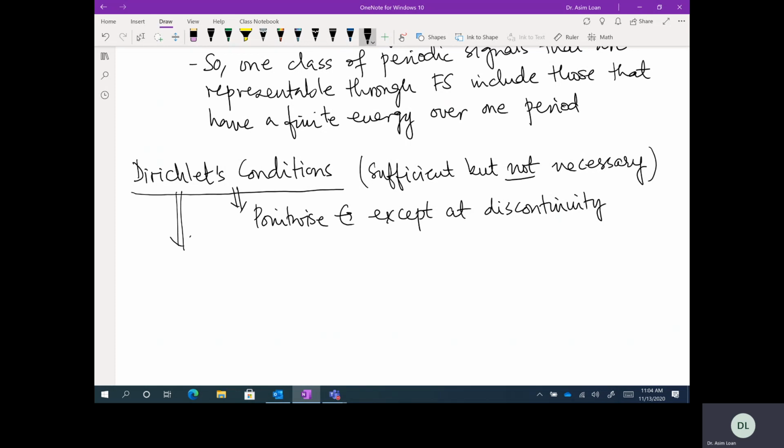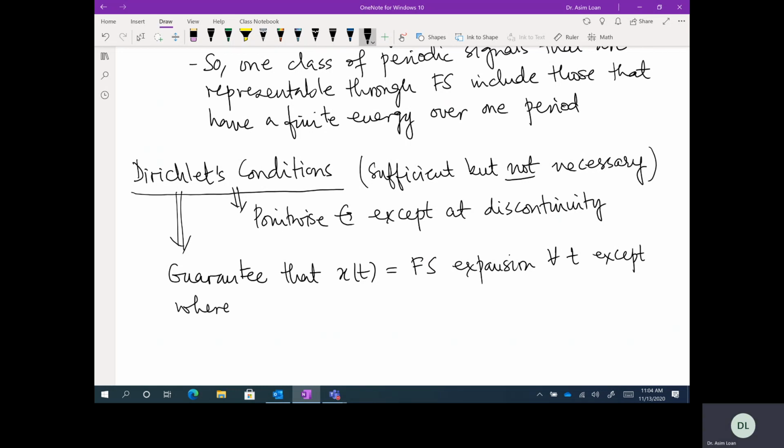So Dirichlet's conditions guarantee that x of t is equal to the Fourier series expansion for all t except where x of t is discontinuous.